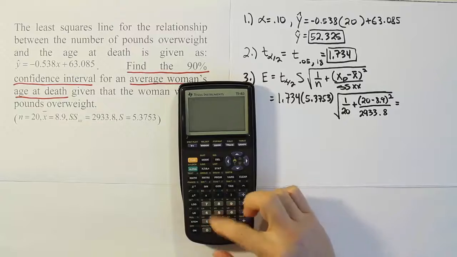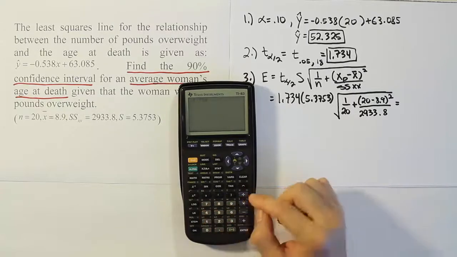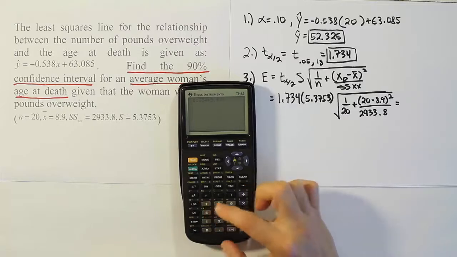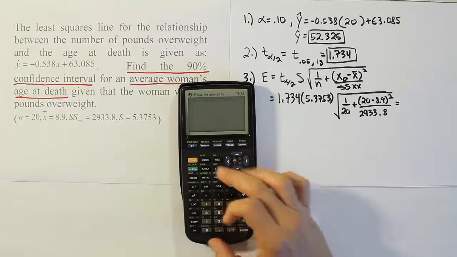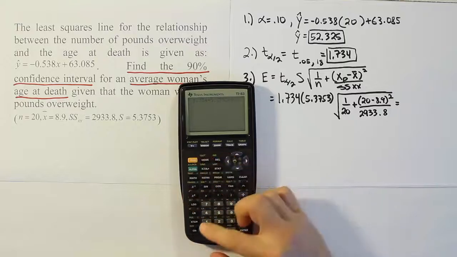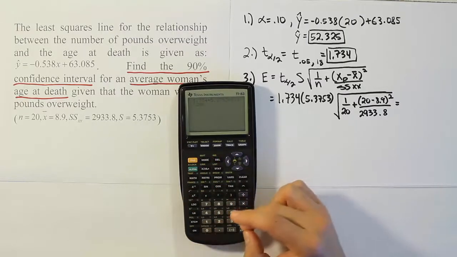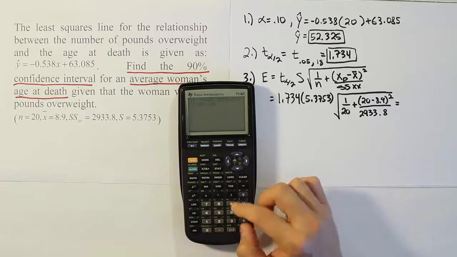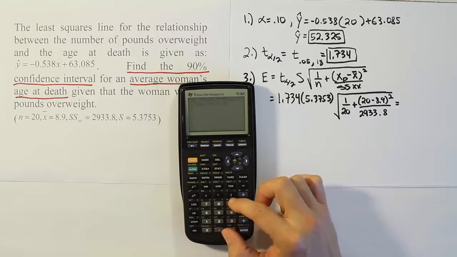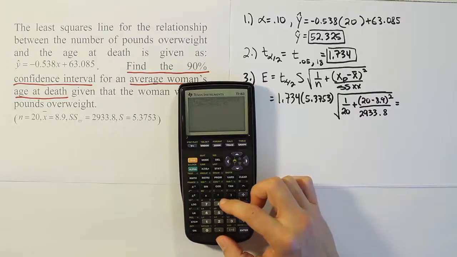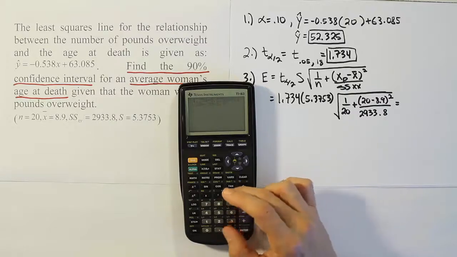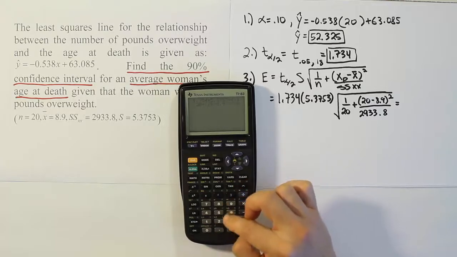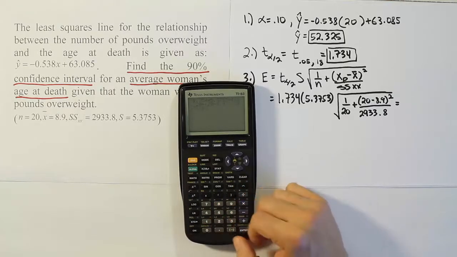Let's see what this works out to be in our calculator. We'll have 1.734 times 5.3753 times the square root of 1 divided by 20 plus parentheses 20 minus 8.9, close that up, square it, and divide by 2,933.8.